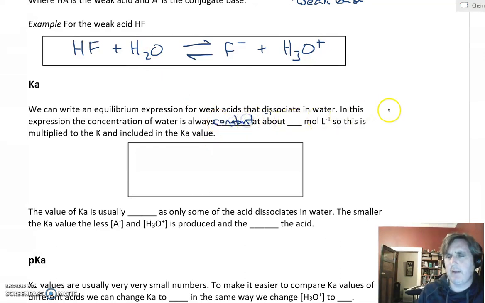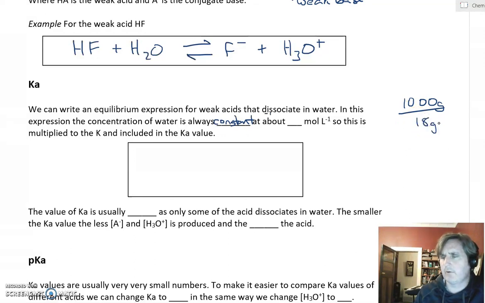It doesn't vary much from 1,000 over 18, which is the molar mass. 1,000 grams, molar mass is grams per mole, and this is grams per liter. So it doesn't change much from about 55.5 moles per liter. That's the concentration of water in water. So that's the concentration of H2O.